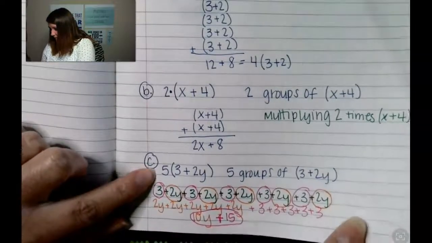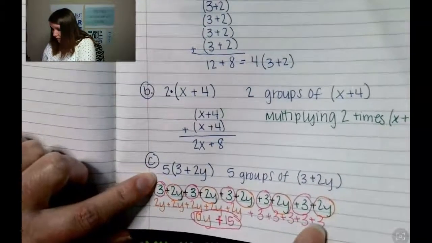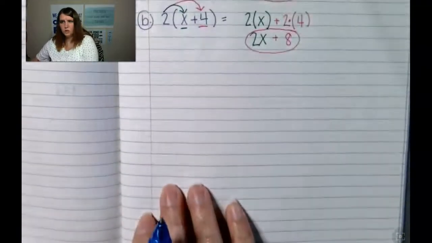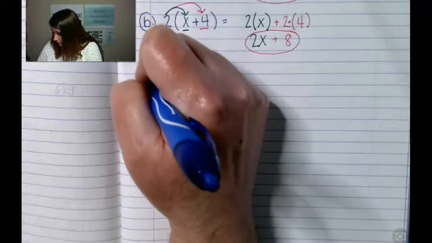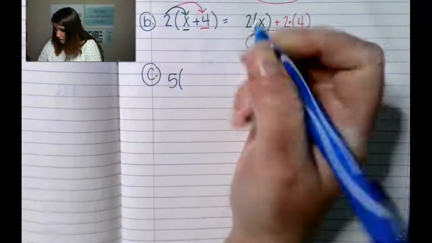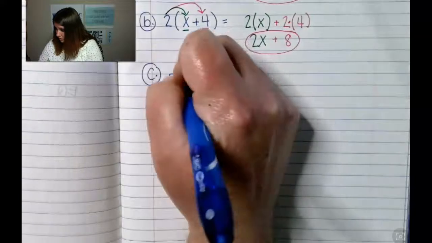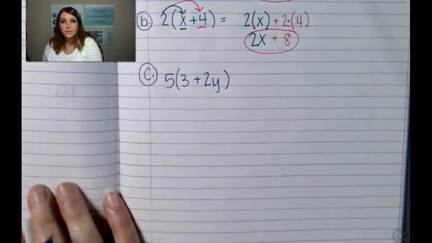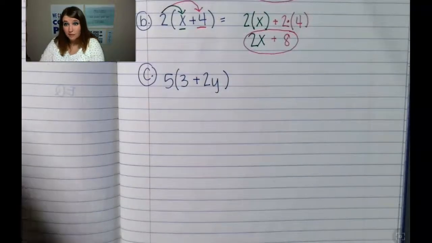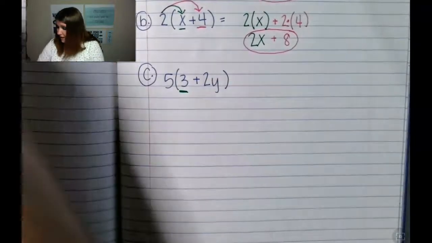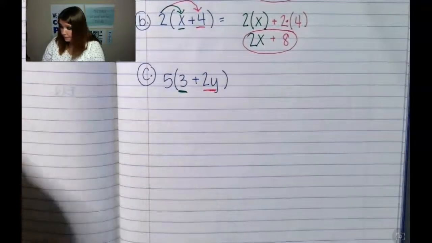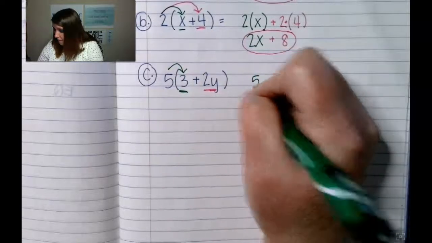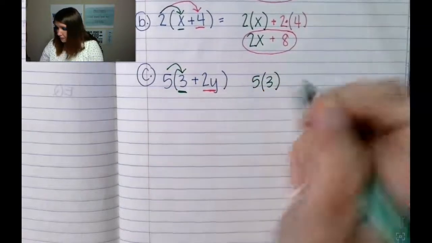Okay, our last example here was 5 groups of 3 plus 2y. So again, hippity-hoppity, distributive property. I've got a term, and I have a second term. Hippity is 5 times 3.